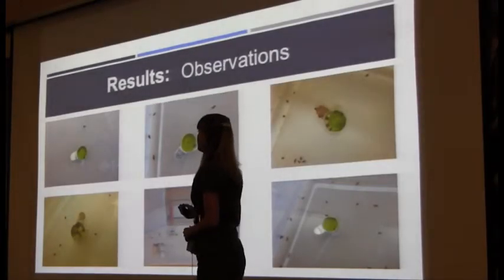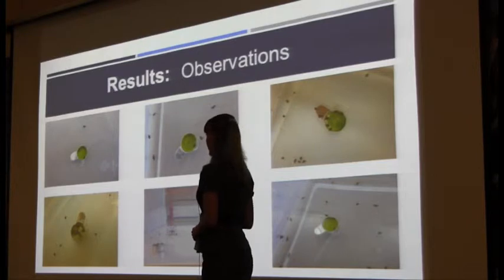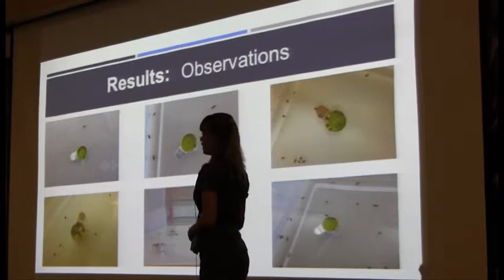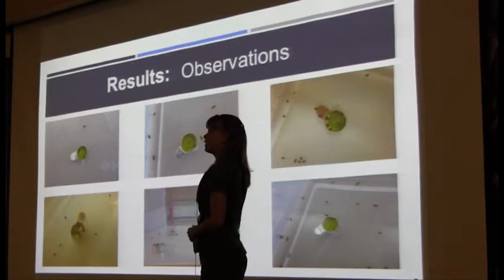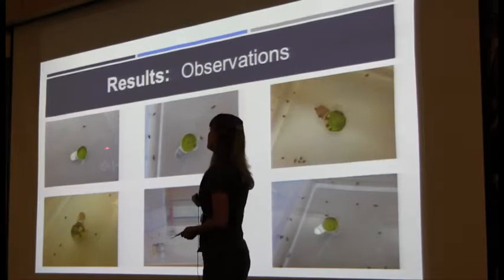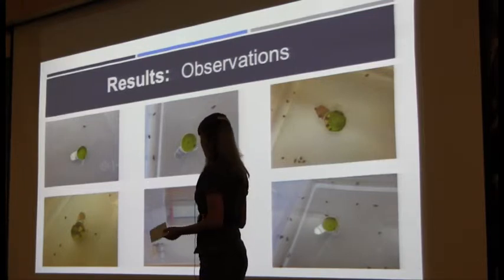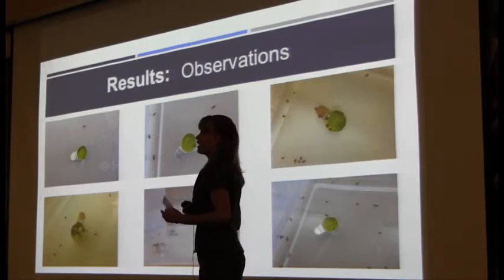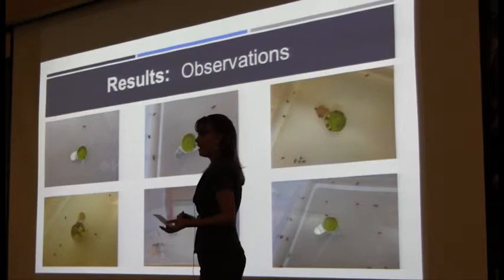So in our results, we did find that they fed in higher densities. And we also consistently noticed that they would feed when in the chemically conditioned water. However, the number of snails that would actually feed really wasn't that high considering how many snails we have.